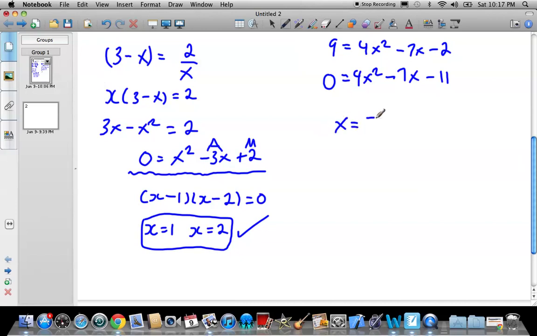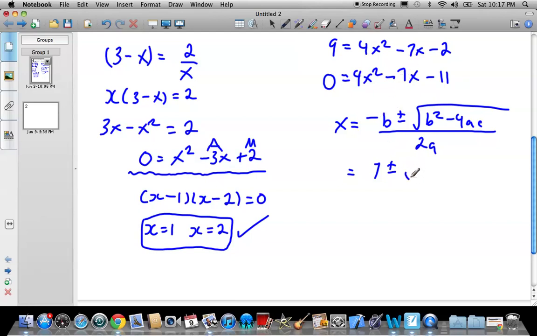x is equal to negative b plus or minus the square root of b squared minus 4ac, all divided by 2a. Hopefully you won't forget that in your final exam. So that's a negative b, so negative 7 is going to be a positive 7.